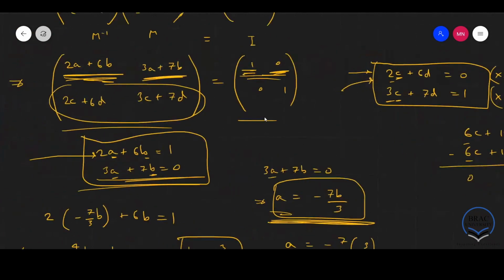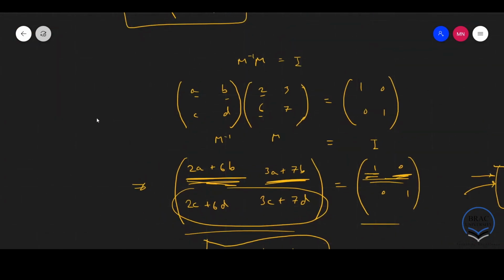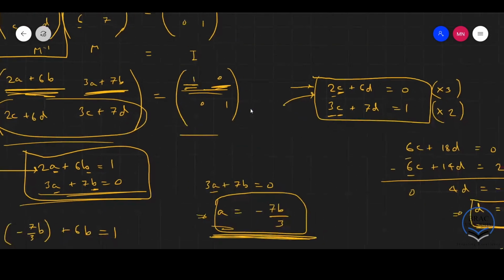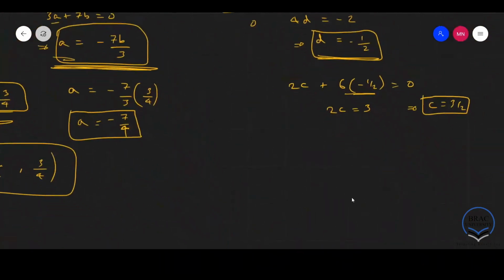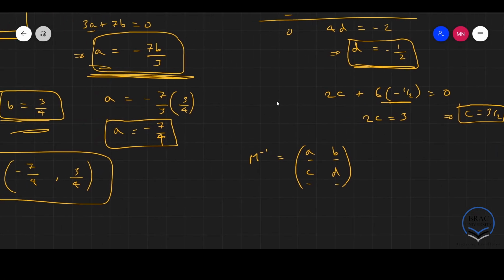So if I go all the way back to the beginning, we showed that the inverse matrix is this 2 by 2 matrix with the entries A, B, C, and D. And we have found A, B, C and D, right? What is A?